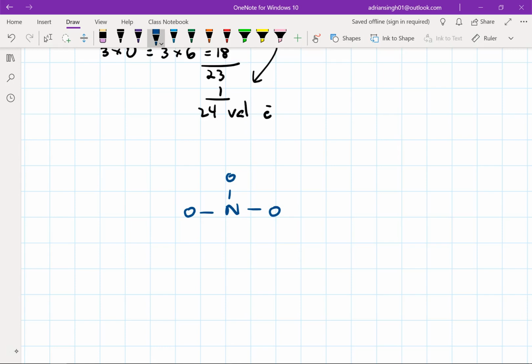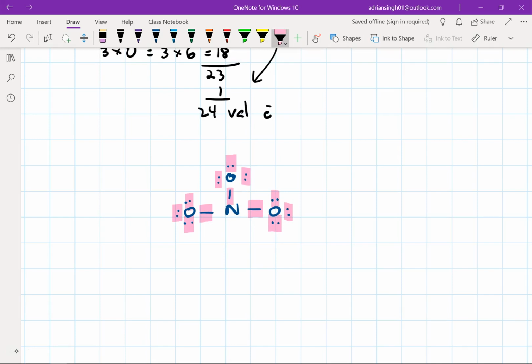So each of those oxygens right now has 2 electrons, so they each need 6 more. So we have 3 lone pairs of electrons around each of them, and then we do a quick check. So we have 2, 4, 6, 8, 10, 12, 14, 16, 18, 20, 22, 24. Those are our 24 valence electrons.